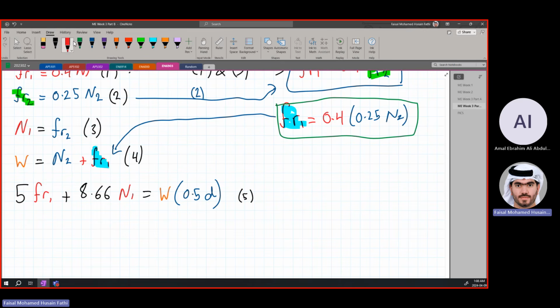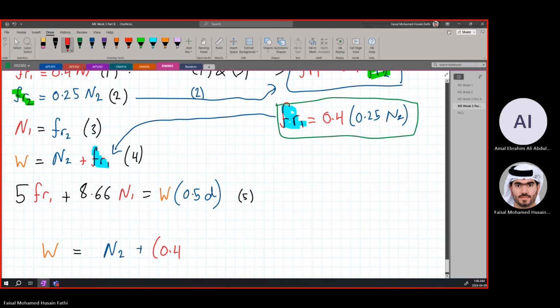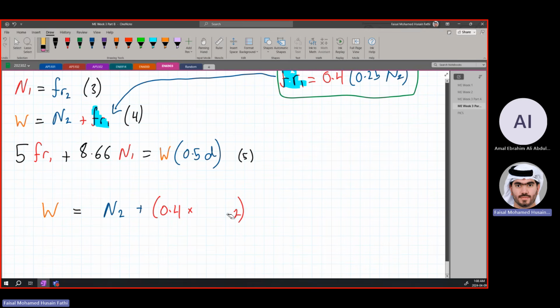So what we're going to get is W is equal to N2 plus the full substitution, which is 0.4 times 0.25 N2. The 0.25 N2 is the blue part, so 0.25 N2. This is this blue part here.